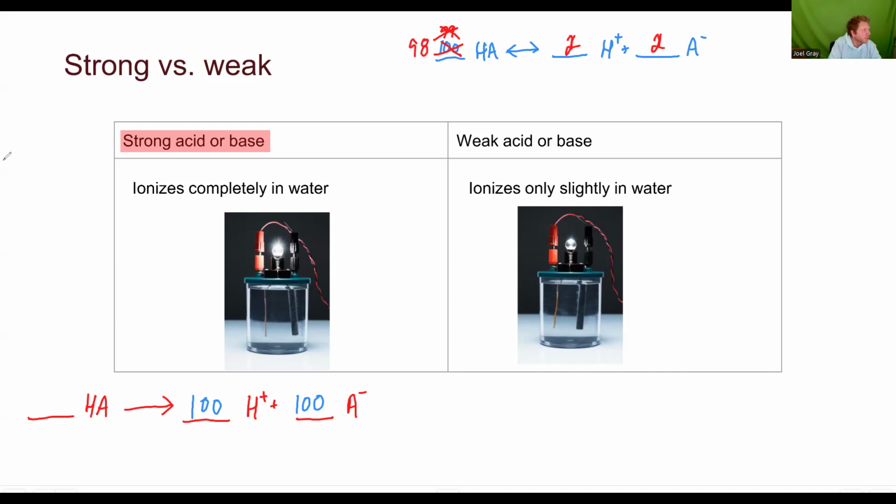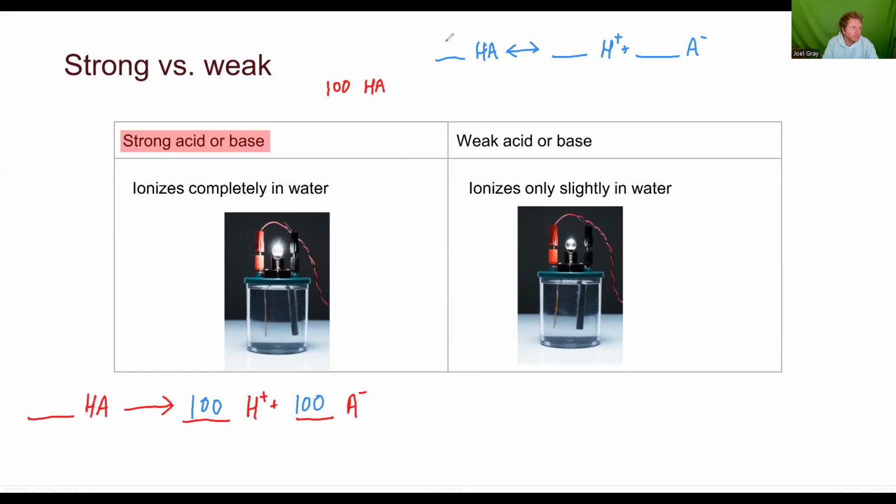Okay, so now I'm going to erase this. And again, we're starting out with, let's say that we've got 100 copies, 100 weak acid, 100 HAs, and we add it to water.